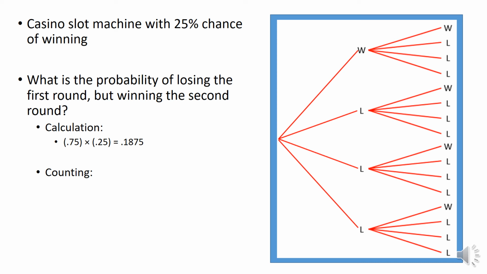So we have 16 different possible outcomes. How many of those 16 different possible outcomes include losing the first round but winning the second round? Well, here we have this one right here, so that's 1. We have this one right here. Oh, I'm sorry, hold on. I forgot, I've got to put my laser on.